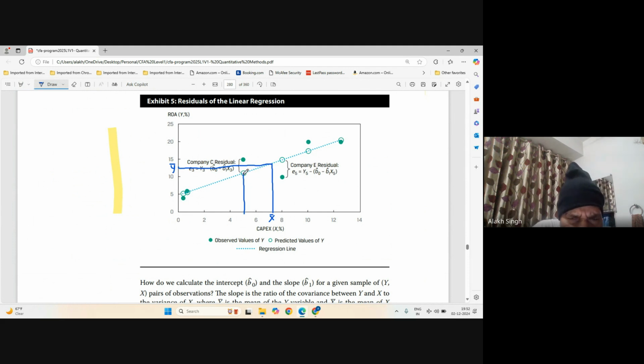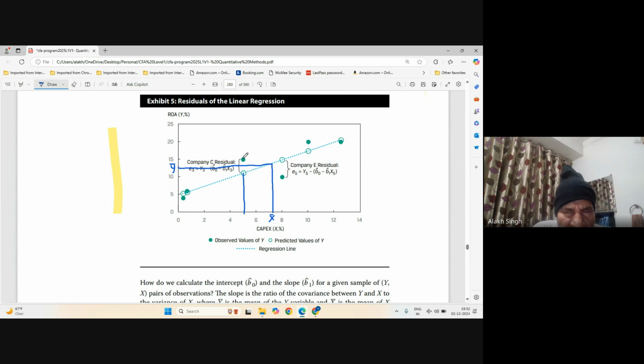Total variation at this value of xi, when x is equal to 5. So it is understating the variation. No, it is understating the error term. Error term is overstating the variation, or variation is less than the error term. That is what it means.